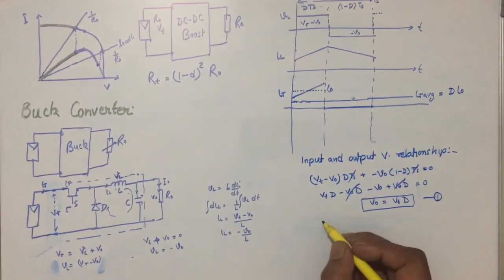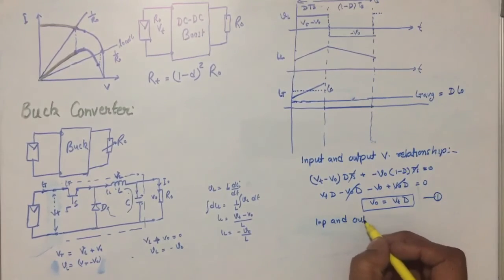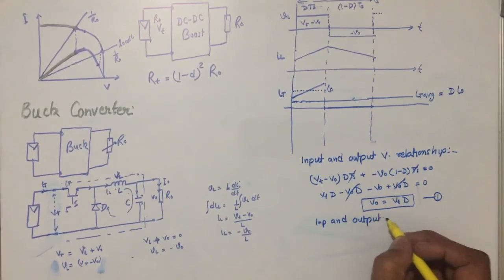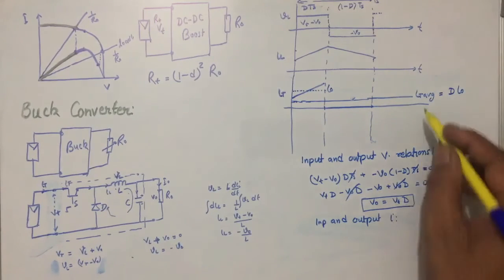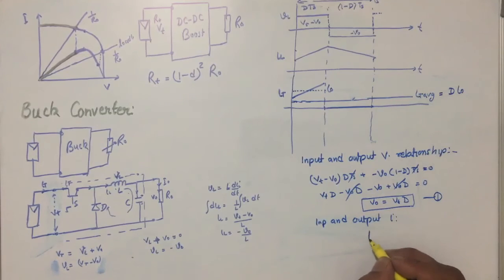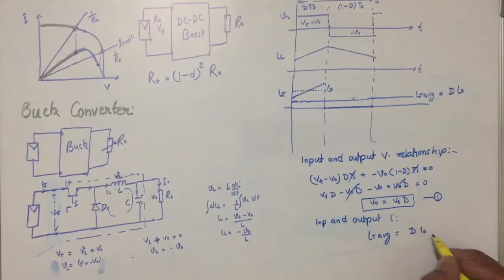Similarly, if we find the relationship between input and output current, in that case we can say IT average is equal to d I naught. From here we can say I naught is equal to IT average divided by d. So this is equation number 2.